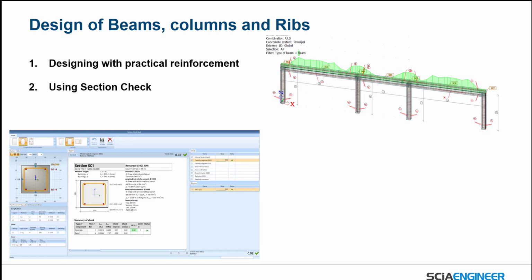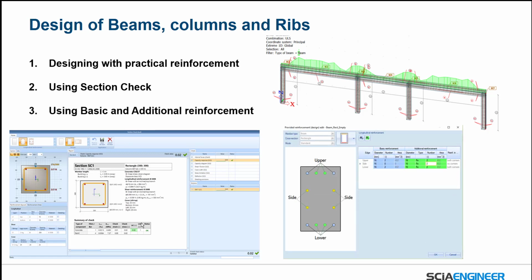This tool has a very user-friendly environment. You can see on the right side all the checks from the ULS and from the SLS. On the left side, you can see your cross section with an easy way to input the reinforcement, and in the middle you can see the content of the check with some colors to guide you if everything is okay or not.